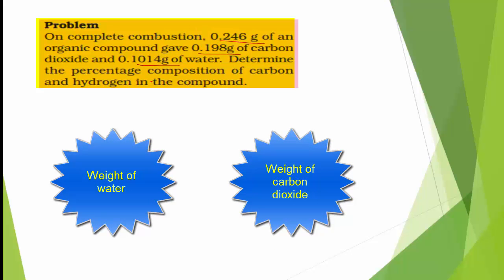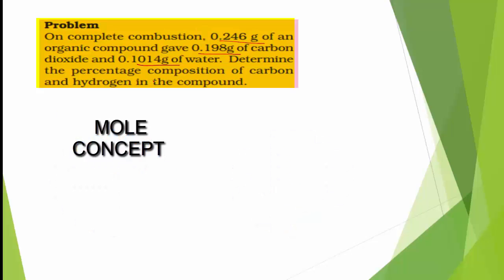So use the mole concept and find out how much of carbon is there in this much of carbon dioxide and how much of hydrogen is there in this much of water. After doing that you can find out the percentage composition of carbon and hydrogen. So pause the video and solve the problem.